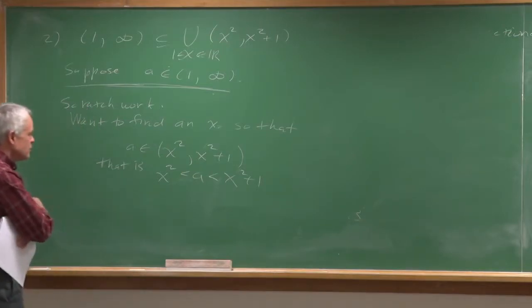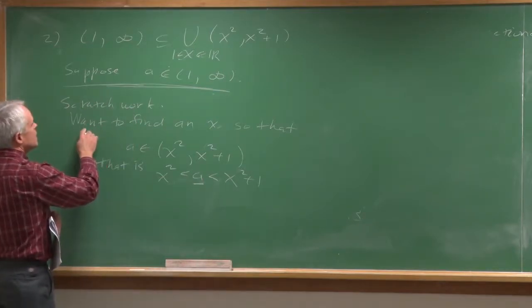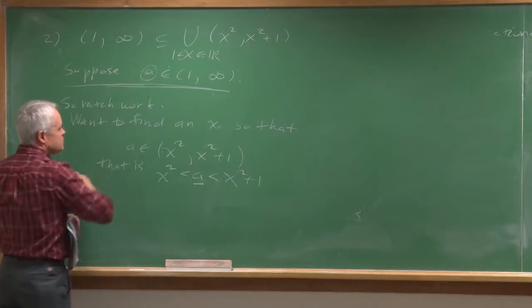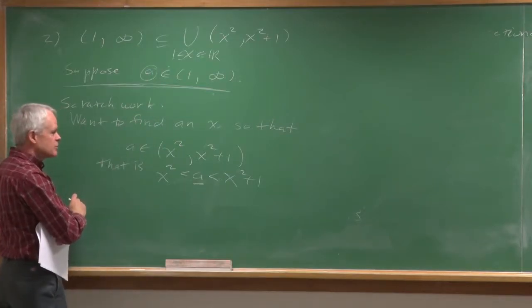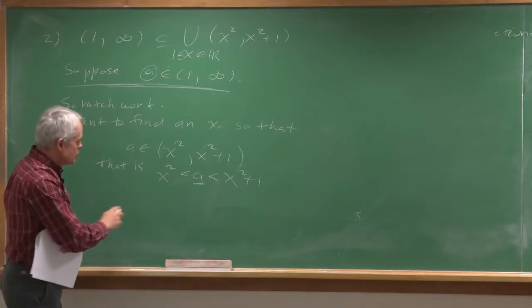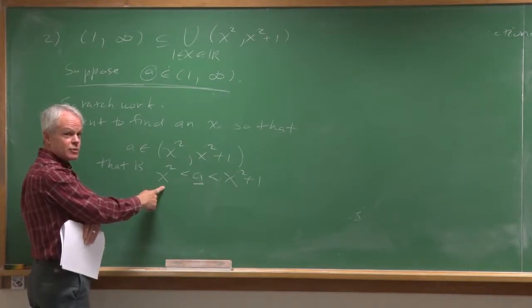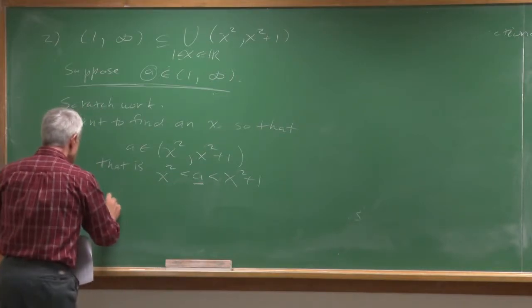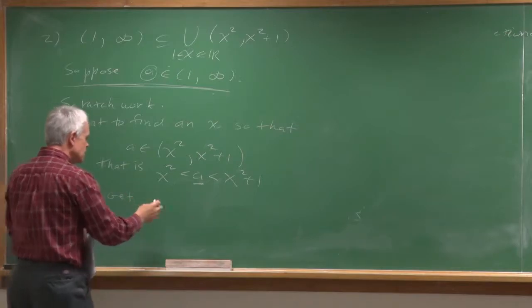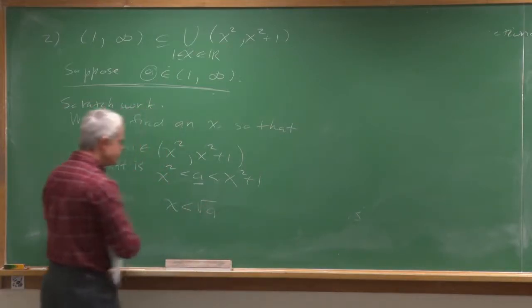Let's look at this more carefully. Think of the a as what I know, like my number 6, and I'm trying to solve for the x. I can take a square root and find something about x. By taking the square root, x is less than the square root of a.